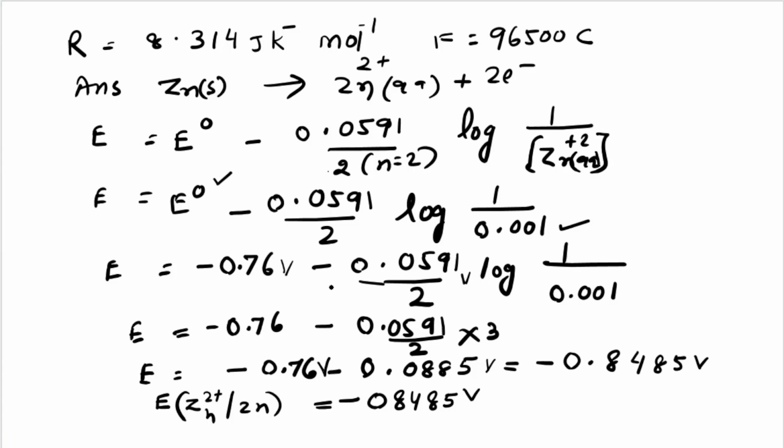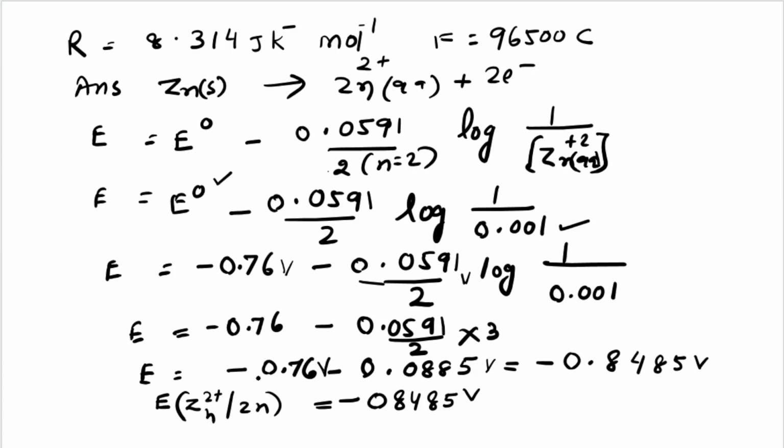The molar concentration of Zn2+ is given here, and the E0 value is given here. Then you can calculate easily: minus 0.76 volt, and you put all the values, minus 0.0591 volt by 2 log 1 by 0.001. You can calculate, and lastly the answer is minus 0.8485 volt.